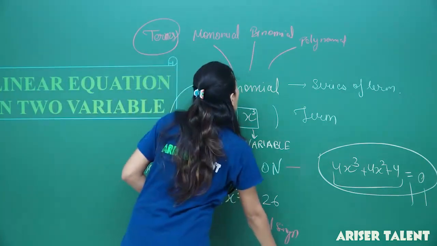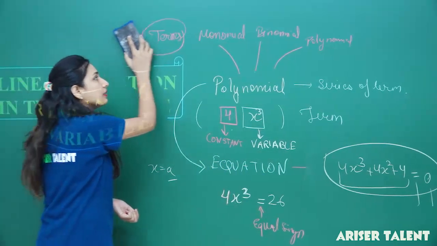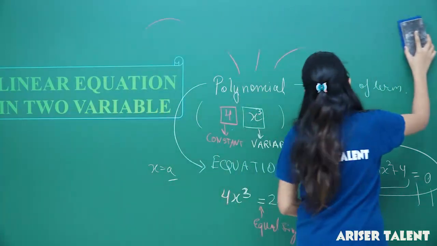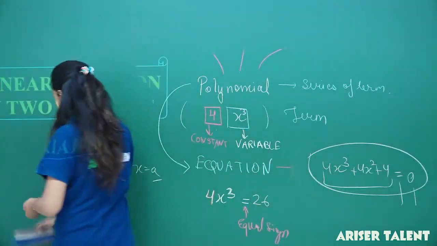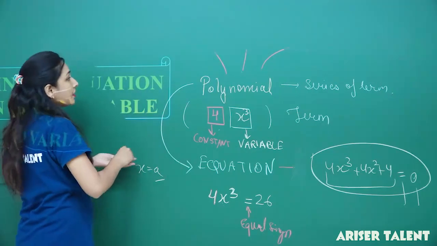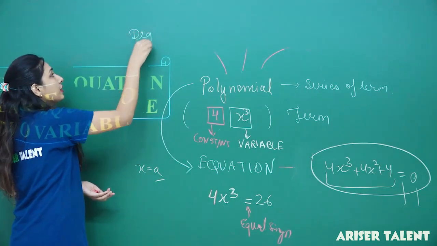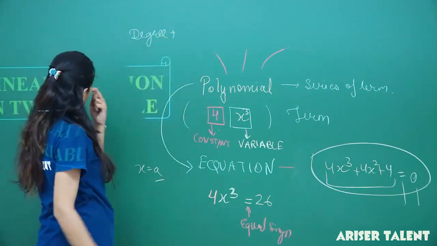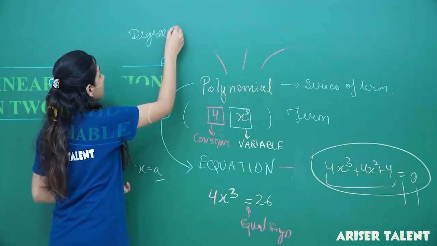Now what I'm doing, I'm telling you to forget these terms and I'm talking about the degree, right, on the basis of degree. If I put this degree into the picture, what will it become?